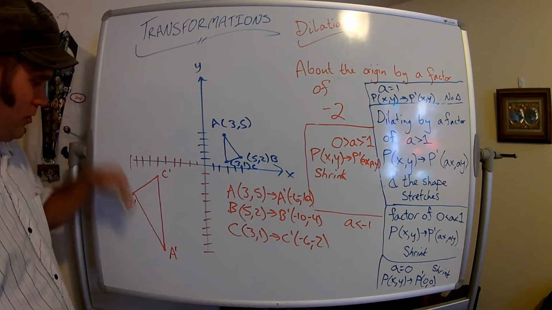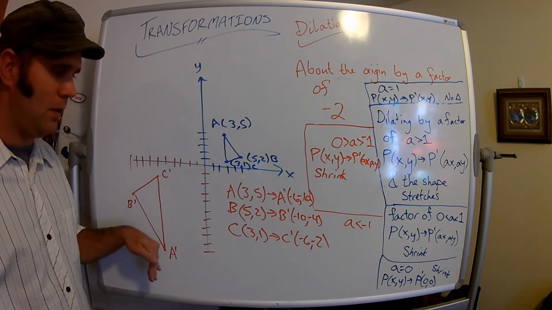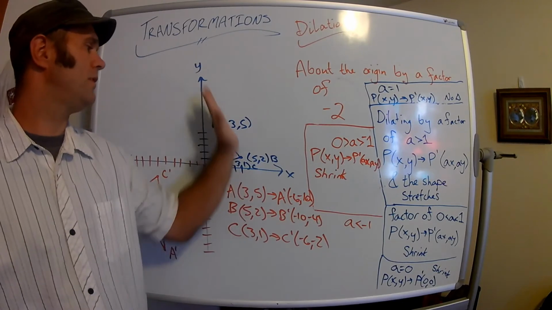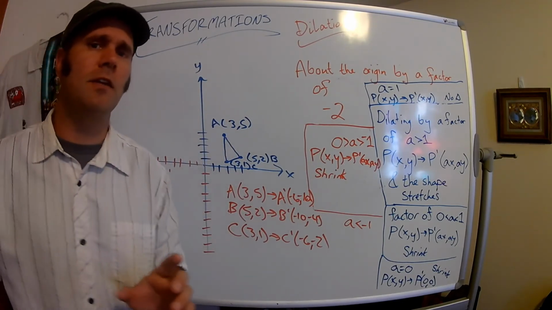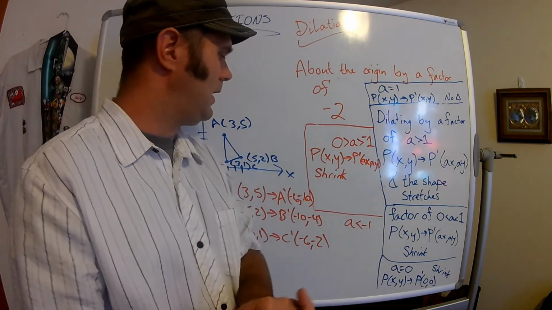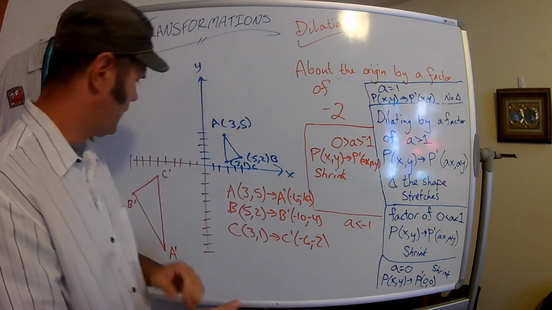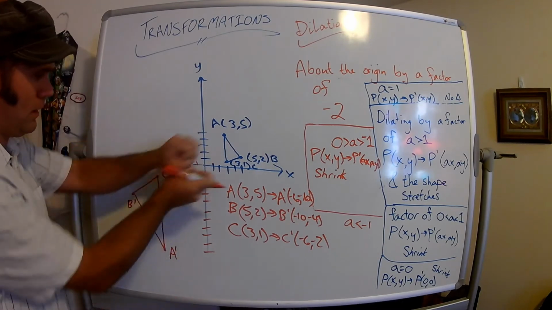So you can see it's pointing down and to the right. Here it was pointing up and to the left. So it's still that kind of rotation of 180 degrees. But the real interesting thing is that it grew. It grew.